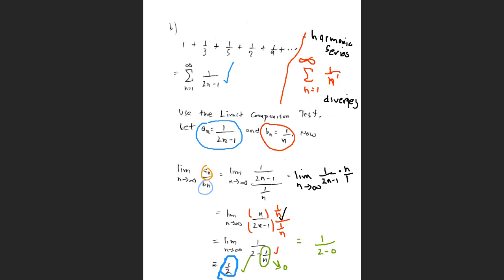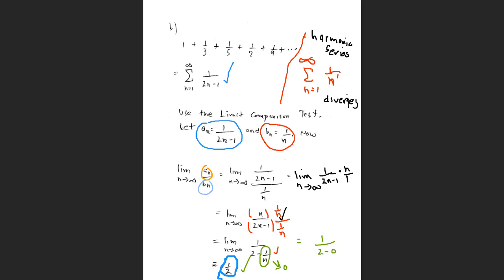And all that's saying is that the terms of our series are going to basically be equal to 1/2 the terms of a divergent series as we go out further into the series. And therefore, since the harmonic series diverges, our series has to diverge. It's basically the same kind of thing. Different ways to explain things.